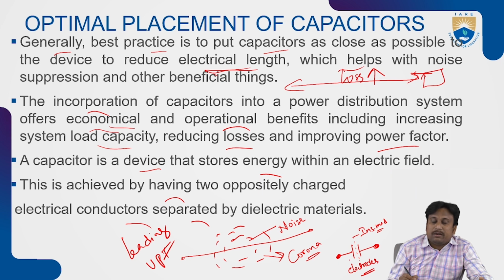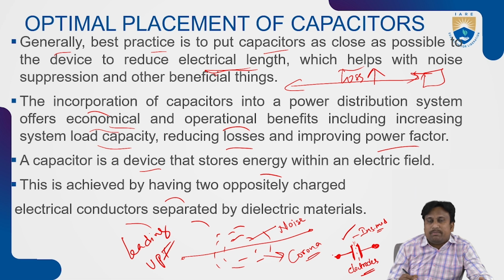So the dielectric material may be paper or mica, and we can use them based on the application. Here, these are the two conducting surfaces, and they will be treated as electrodes. They are separated by an insulating media that exhibits the property of capacitance.